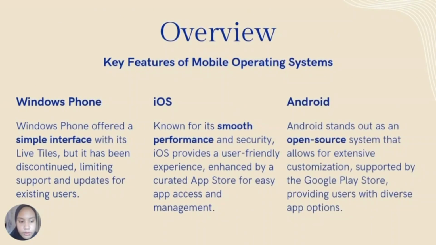Next, for the overview, I will share about key features of the mobile operating systems. First, Windows Phone. Windows Phone offers a simple interface, but it has been discontinued, limiting support and updates for existing users. iOS, known for its smooth performance and security, also provides a user-friendly experience, enhanced by a curated app store for easy app access and management.